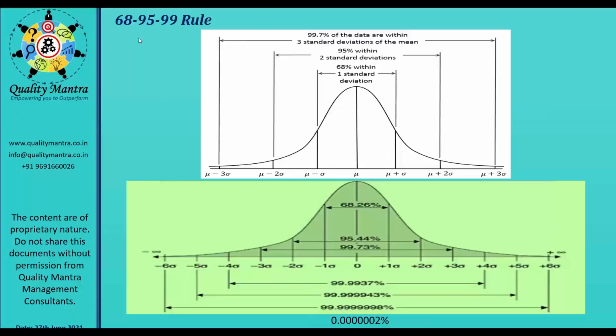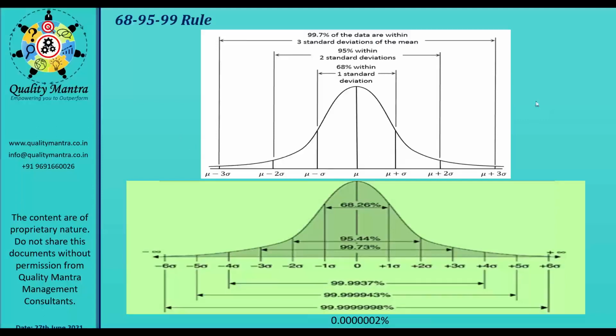Right. Now another rule is called the 68, 95, 99 rule. It states that when you have a normal distribution of a process, 68% of the values fall within plus minus 1 standard deviation. So if you have 100 values in total, 68 values will fall within plus minus 1 standard deviation. 95% of the values will be within 2 standard deviations, and 99.7% of the values will be within the 3 standard deviation spread.